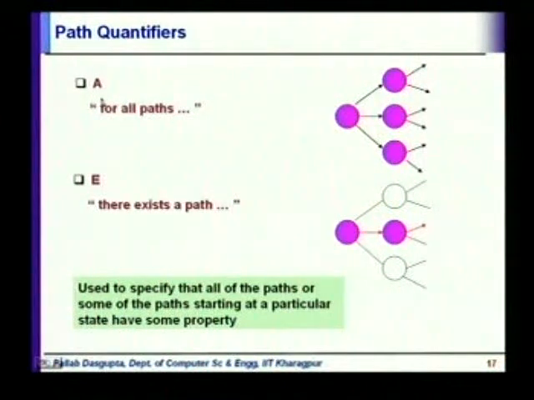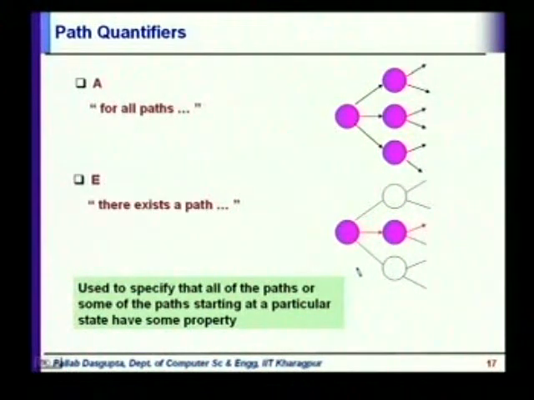So let us look at path quantifiers. So we have two quantifiers, A and E. A will stand for all paths, and E will denote there exists a path, right? So when we talk about for all paths, then from this state it means that all paths, right? And when we talk about E of some property, then there exists some path along which it must hold, right?